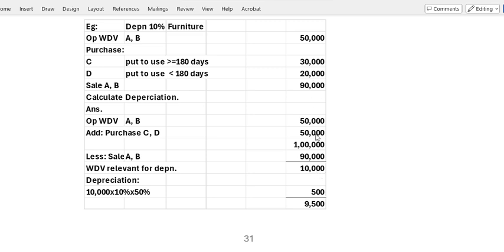The WDV is less than the purchase value. Therefore, we will take only 10,000, and 50% of it, because we used it only for less than 180 days. So it is only 500 rupees. This is the depreciation we can calculate for the particular year.